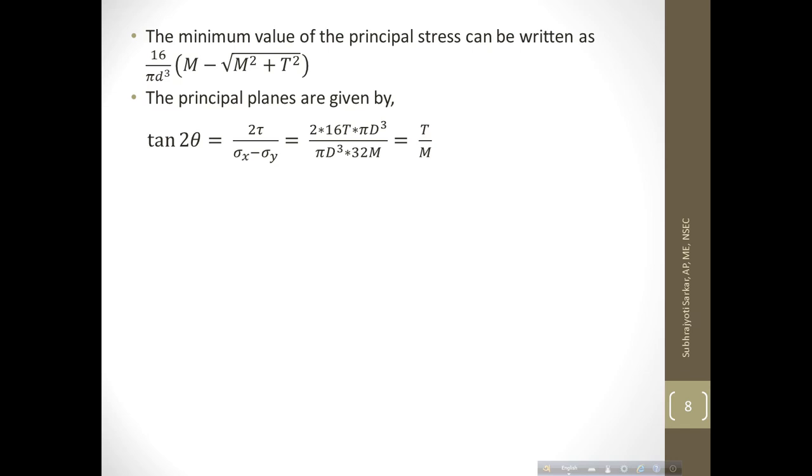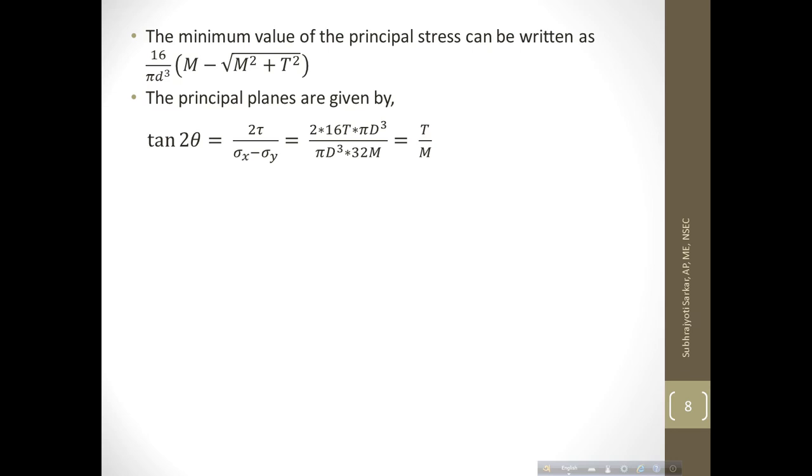The principal planes are given by tan 2 theta equals 2 tau, that is twice the shear stress, divided by sigma x minus sigma y. In the previous slide we have already seen that we consider the bending stress to be only in the x direction, that is there is no normal stress in the y direction, so sigma y becomes 0.